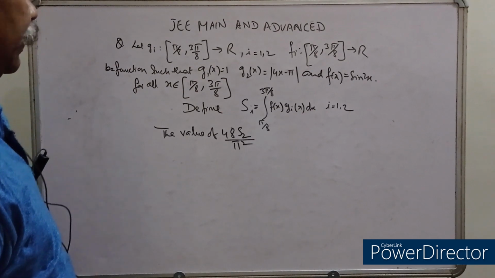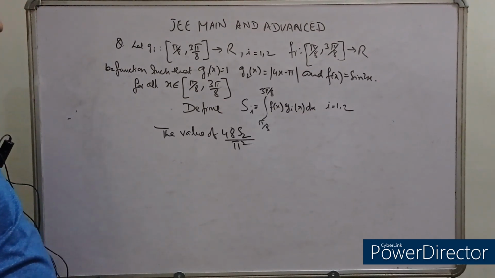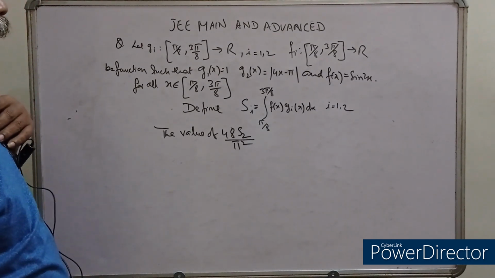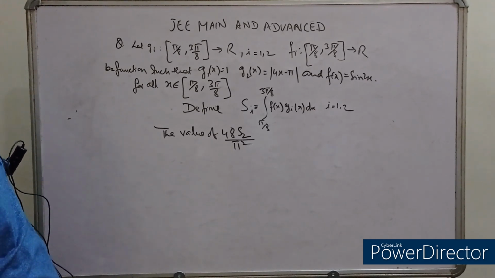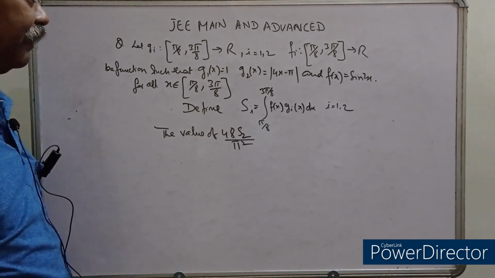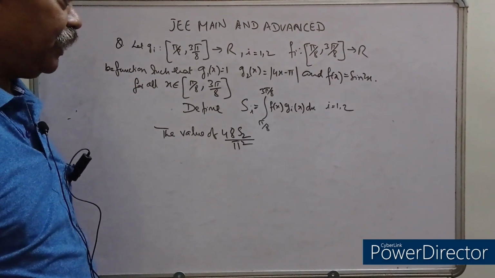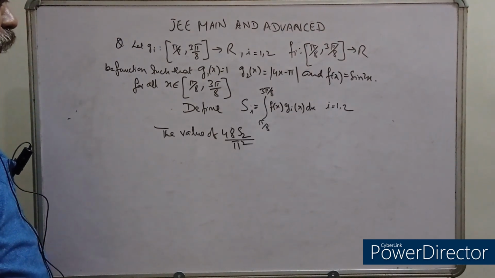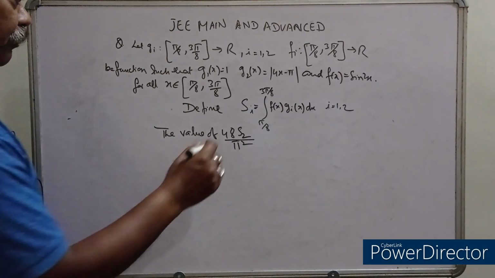G1(x) is equal to 1, G2(x) is modulus 4x minus pi, and F(x) is equal to sine square x for all x belongs to these closed interval [pi by 8, 3 pi by 8], and define Si is equal to integral pi by 8 to 3 pi by 8 F(x) Gi(x) dx, i is equal to 1, 2. You have to find the value of 48 S2 by pi square. So you have to find this value.